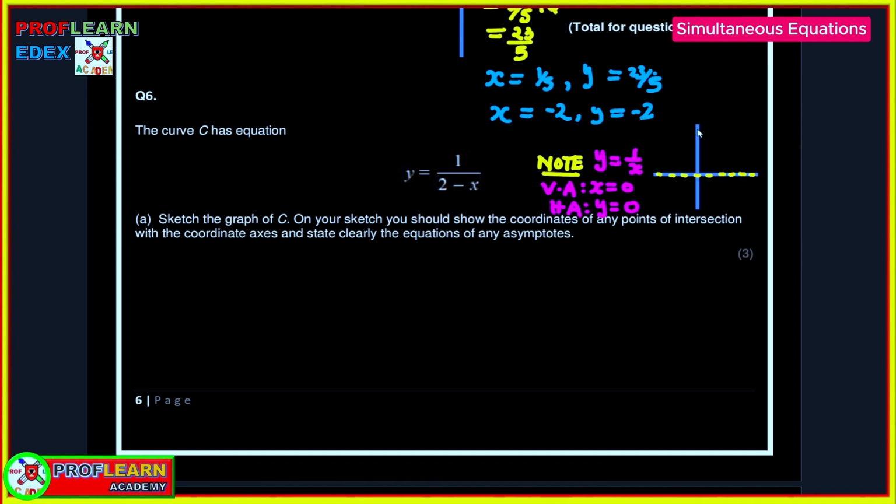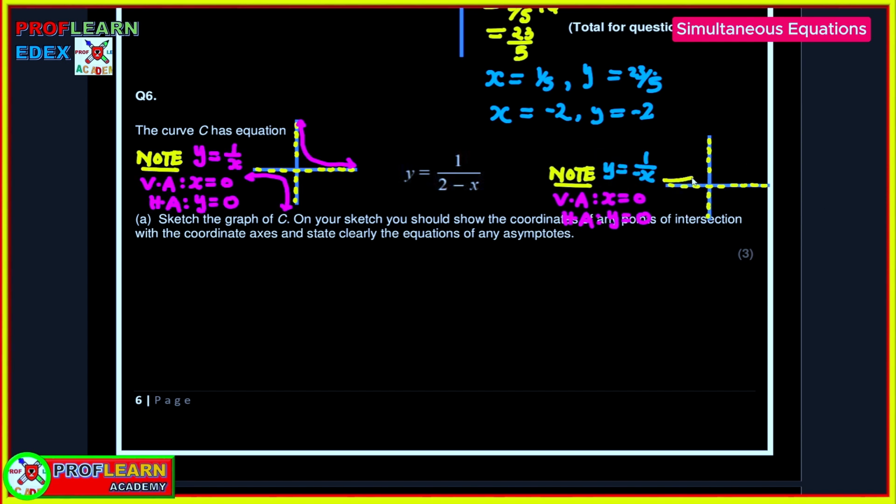So we are going to have the asymptotes like that, and then the graph is going to go this way, and the other section of the graph will go there. So that's how the graph looks. Now, if you have 1 over negative x, the asymptotes are the same, but the curve will be reflected on the y-axis. You should have your graph behaving like that.